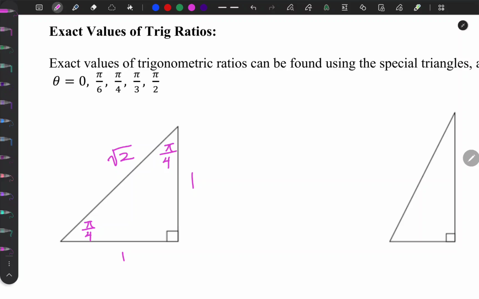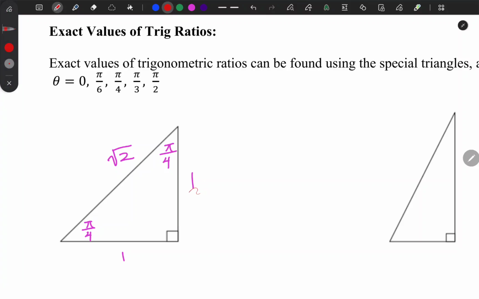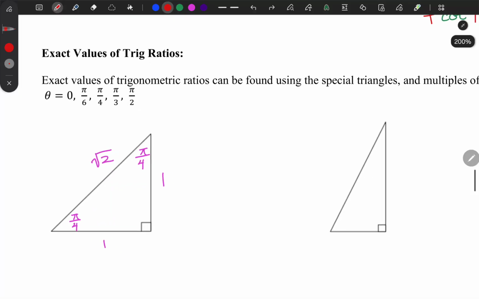That's kind of our default. If we were on the unit circle and we wanted a smaller one, we could divide by root 2, so that our hypotenuse or radius is equal to 1. But in general, kind of like as a default, I usually just stick with the original triangle, and we can reduce as needed. So that takes care of pi over 4.